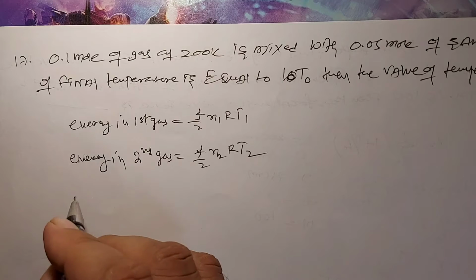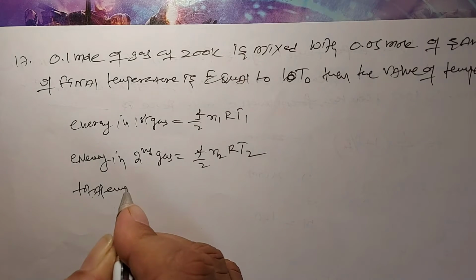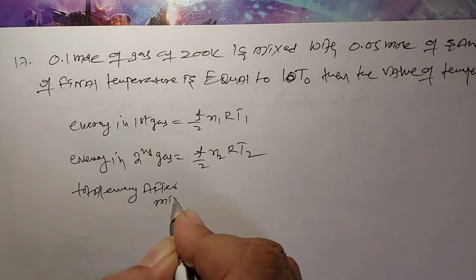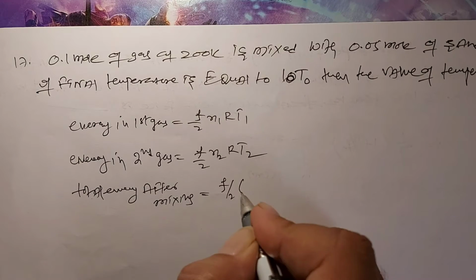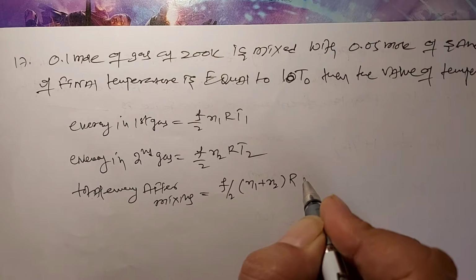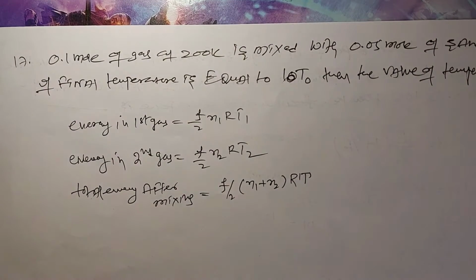So total energy after mixing is equal to f by 2 into the total number of moles (n1 plus n2) into R. What is the common temperature here? T, that is nothing but T naught.